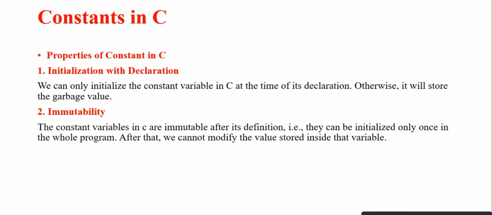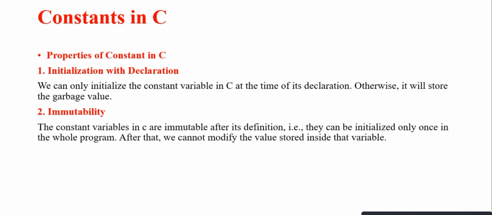Here we have two properties of constants in C. What are those? First, initialization with declaration. We can only initialize a constant variable in C at the time of its declaration. Otherwise, it will store a garbage value.